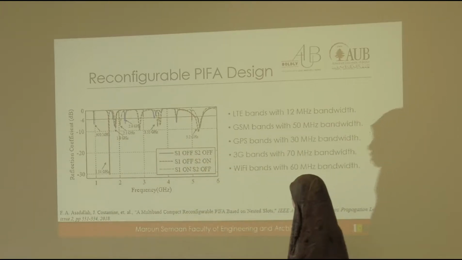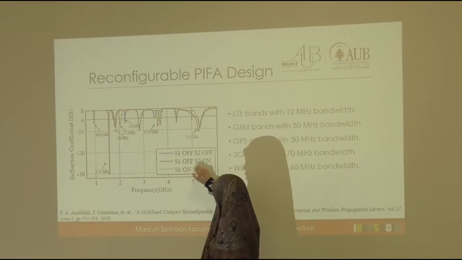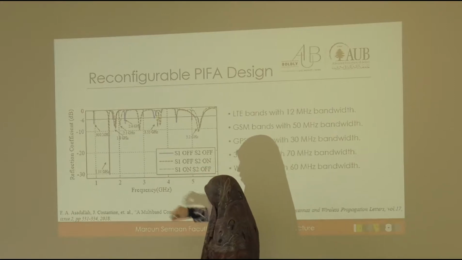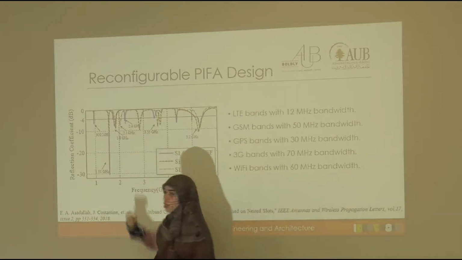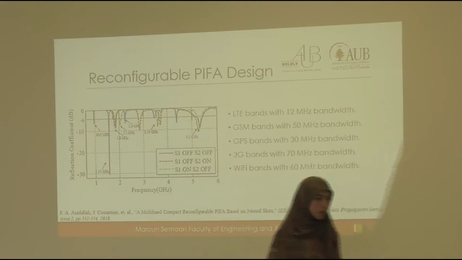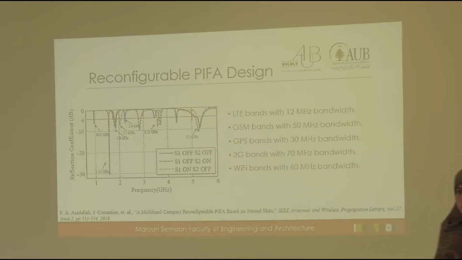However, if we look at the blue curve where S1 is off and S2 is also off, we'll have operation at 2.4 gigahertz corresponding to the Wi-Fi application. And by this reconfigurable antenna, we can achieve all these frequencies and applications: LTE, GSM on the 2 frequencies, GPS, 3G, and Wi-Fi, also Wi-Fi at 2.4 gigahertz and 5.2 gigahertz.